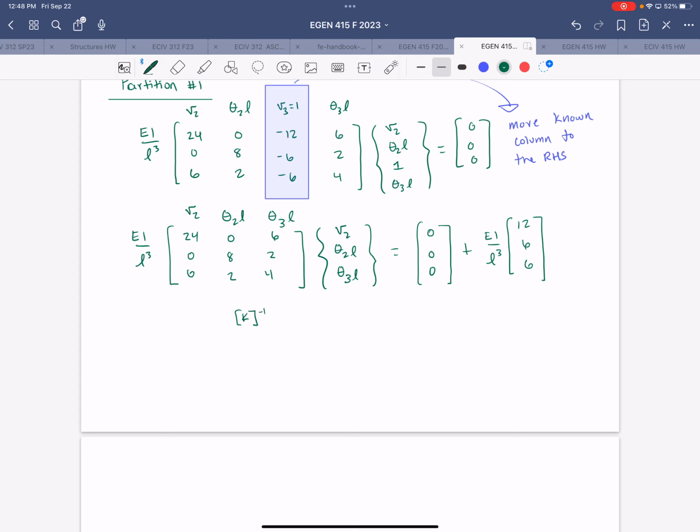Applying the same method of taking the inverse and pre-multiplying both sides, where now the right-hand side just includes this.